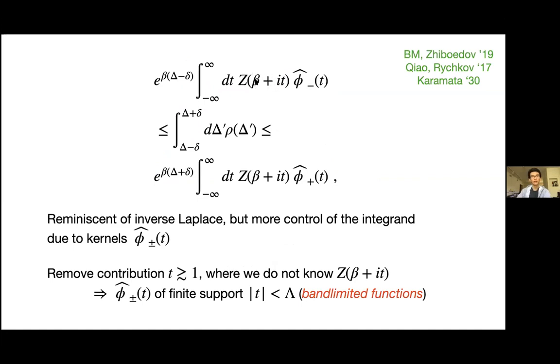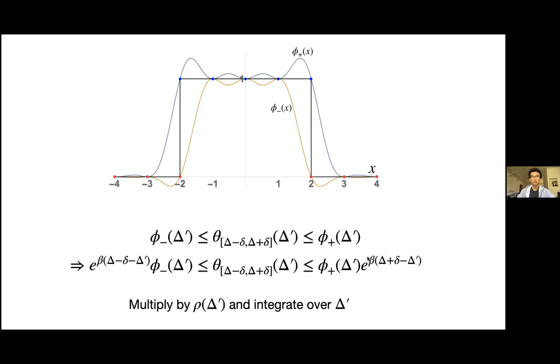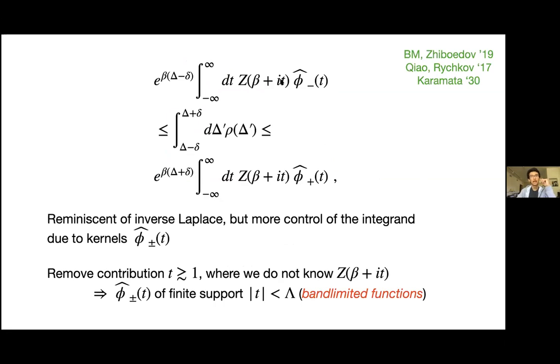This beta comes from these prefactors. So far this beta is an arbitrary parameter, and this t comes from the Fourier transform. And in the middle we get precisely this thing that we wanted to bound. And so you get this inequality.